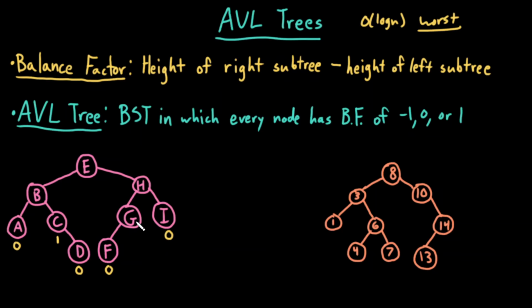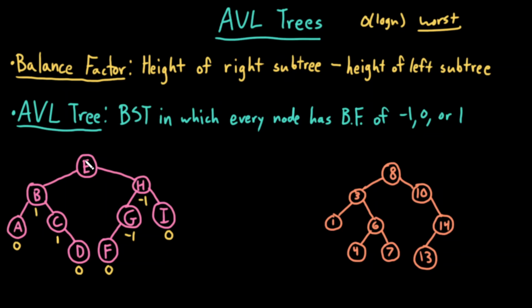Therefore, its balance factor is 0 minus 1, which is -1. This node has a height of 1 on its right side and a height of 2 on its left side. So its balance factor is 1 minus 2, which is -1. This node has a right height of 2, a left height of 1. So its balance factor is 2 minus 1, which is 1.